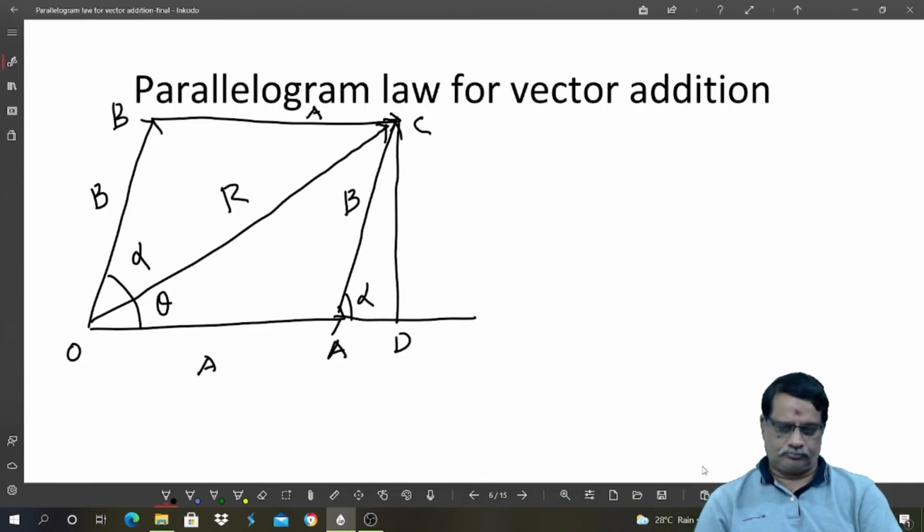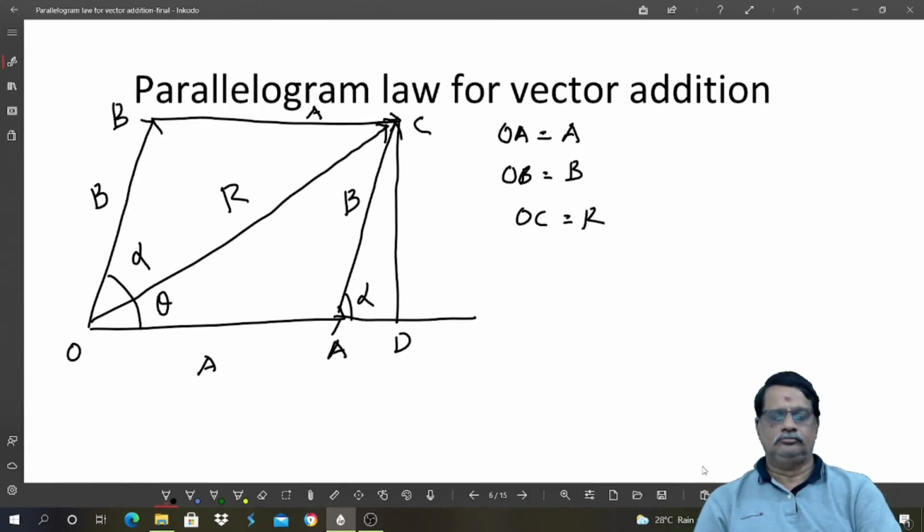Now let us write down everything that is given here. OA is equal to A, OB is equal to B, OC is equal to R. Now let us look at the right angle triangle ADC.